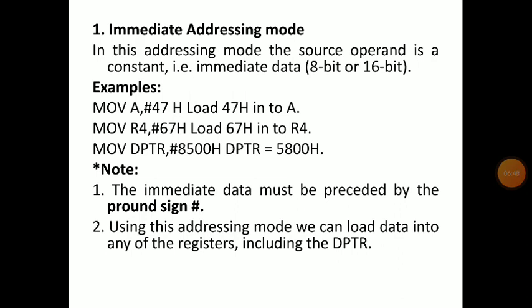So these are all constants. That is, the user is supplying the data in the instruction itself, whereas the destinations in these instructions, A, R4, DPTR, are registers, general purpose registers and some special purpose registers. So the hash symbol should be there.